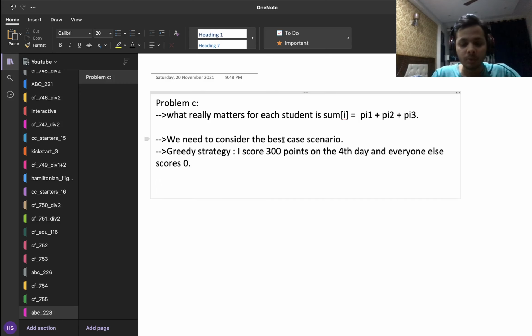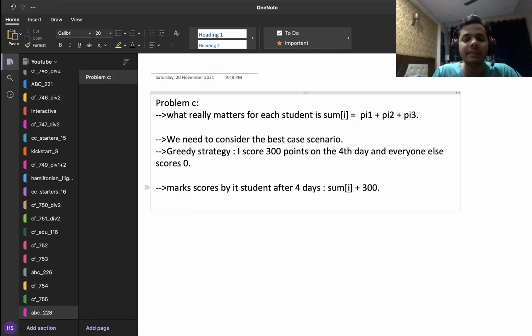Now let's say I am considering the ith student, and the marks scored by the ith student after 4 days will be sum of I plus 300, because the sum of I is already there and I'm considering that he scores full marks on the last day. Obviously, when I consider the other students, I will consider that case separately. Both of these cases are disjoint.